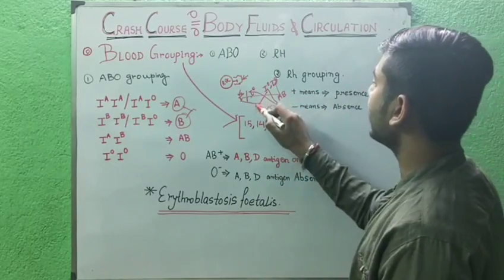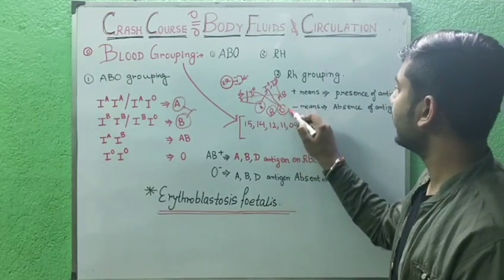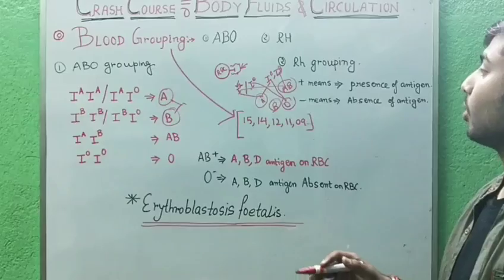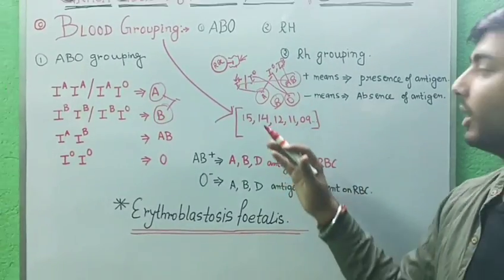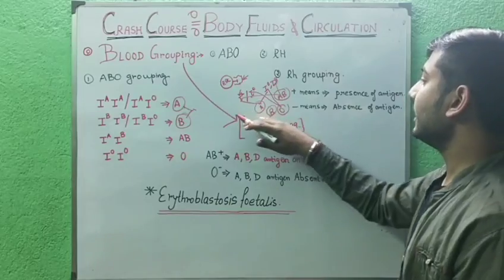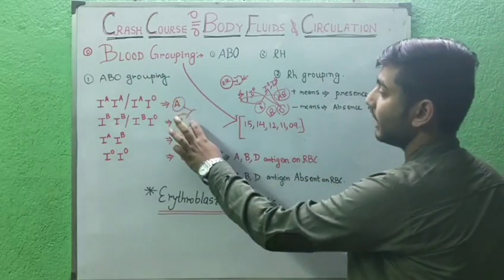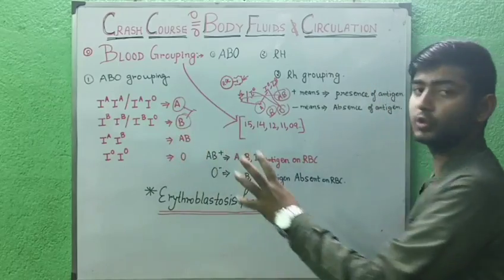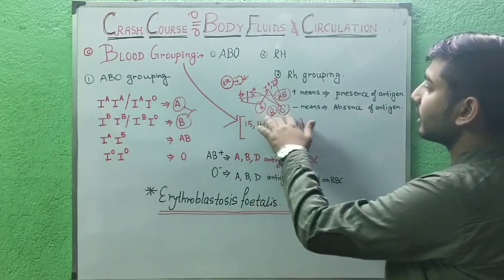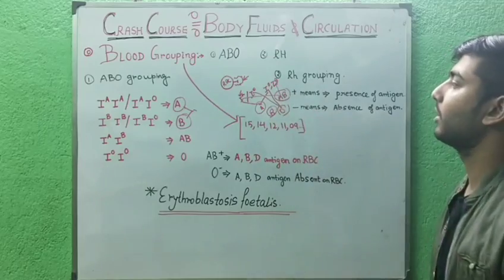Hence we can get A blood group children, B blood group children, O blood group and AB blood group. So these are the probabilities of getting a child of different blood groups. If A blood group and B blood group individuals marry, then these are the following offspring: A blood group, B, O and AB blood group.